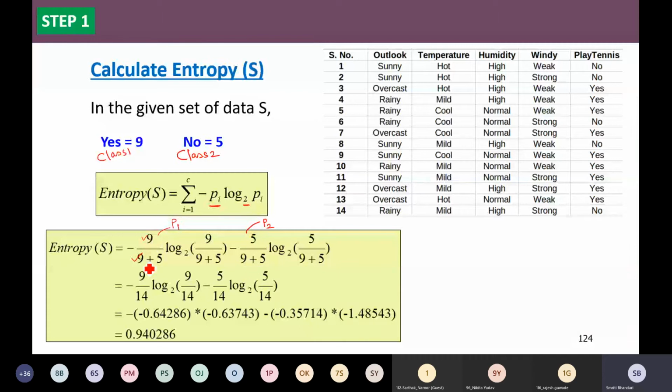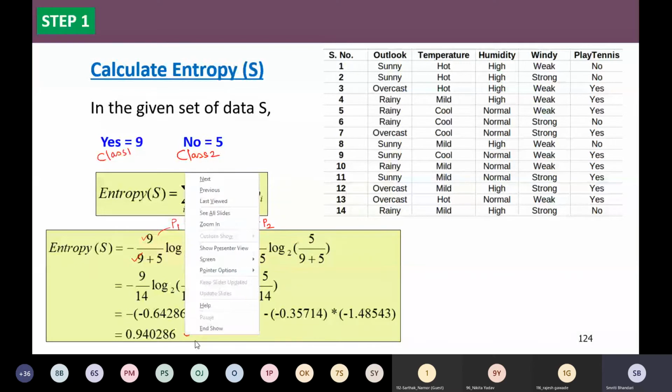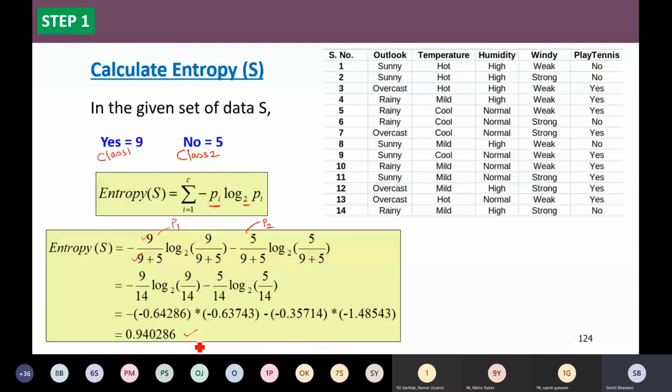So minus 9 divided by 9 plus 5 log of 9 divided by 9 plus 5 to the base 2 minus 5 divided by 9 plus 5 log of 5 divided by 9 plus 5 to the base 2. So after computation, we are getting the entropy of S as 0.940286.